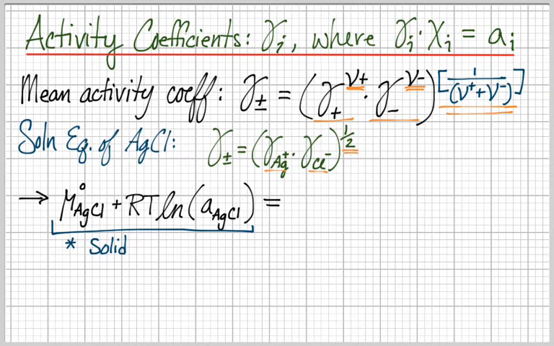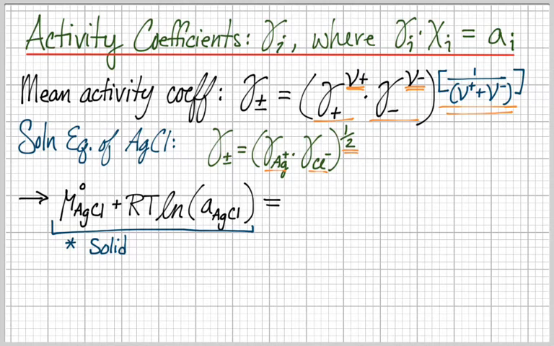That's the chemical potential of the silver chloride plus RT times the natural log of the activity of the silver chloride solid. And that would be the general way that we would write a deviation from the standard state at a given temperature that we're interested in, that RT natural log of the activity.